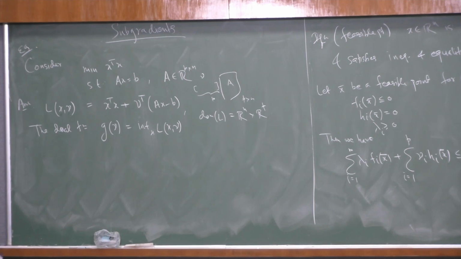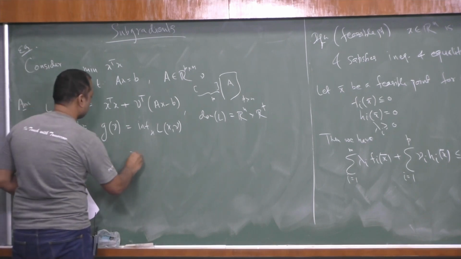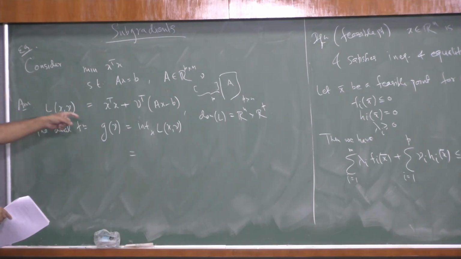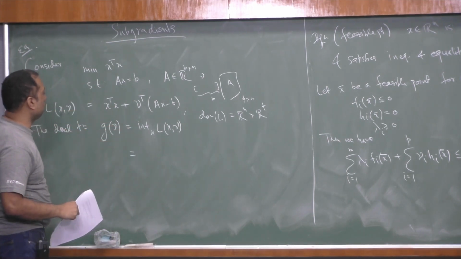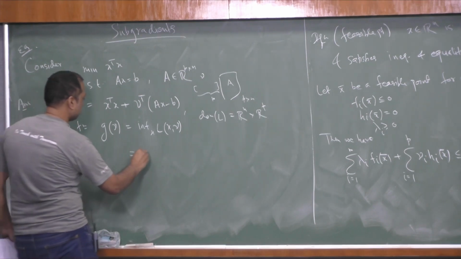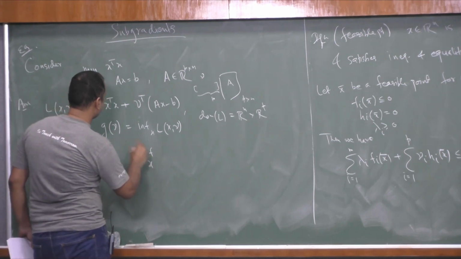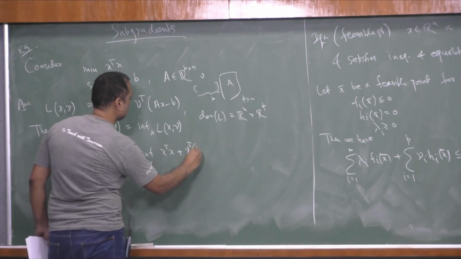And now we are supposed to solve an optimization problem. Our original goal was to solve an optimization problem, but while going to the dual we have to solve an intermediate optimization problem to get the dual function itself. So this is the infimum over x of x transpose x plus nu transpose (Ax minus b).